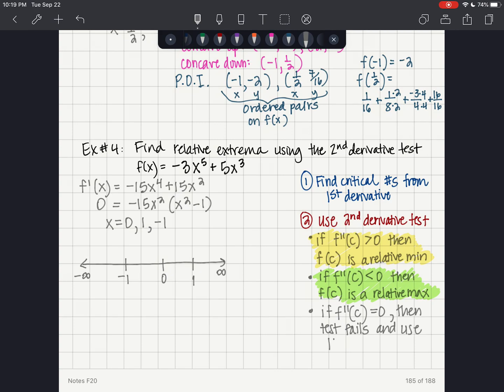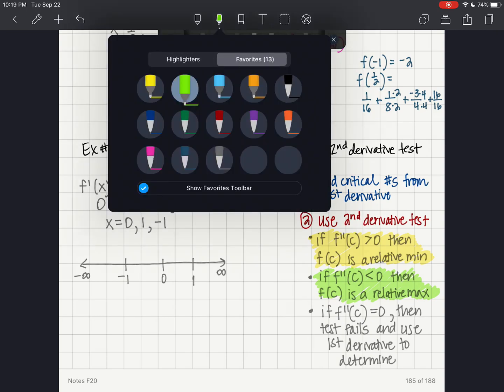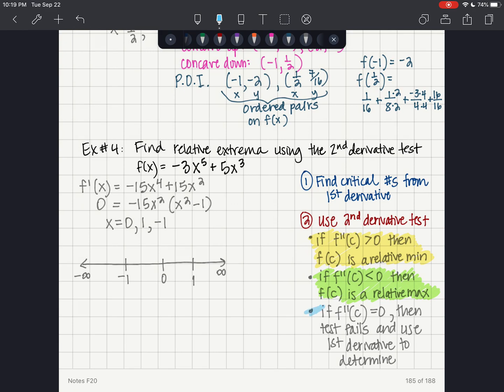So you have to use the first derivative to determine. Now, this one right here that I'm going to highlight in blue, yeah, it makes me blue. It makes me sad because when this happens, you have to go back and you just use your first derivative anyway.